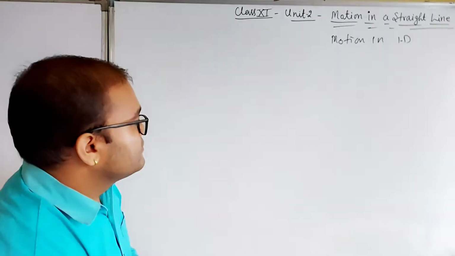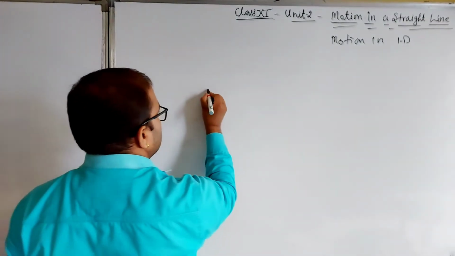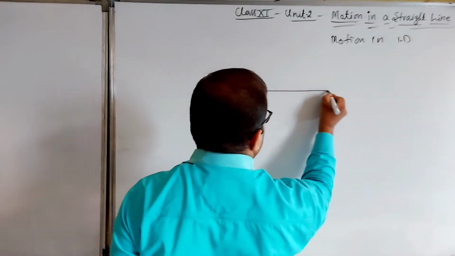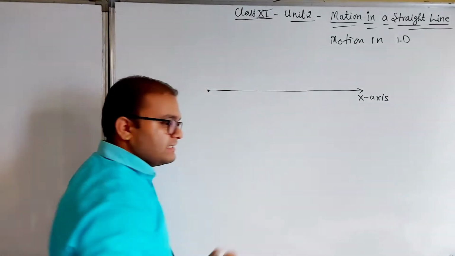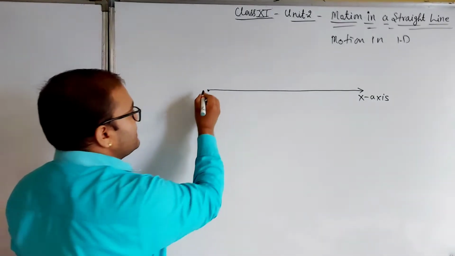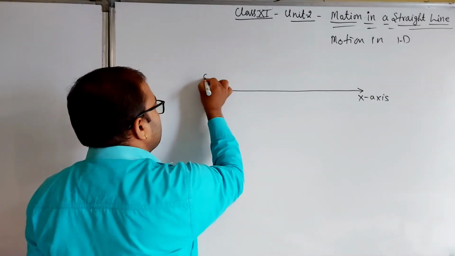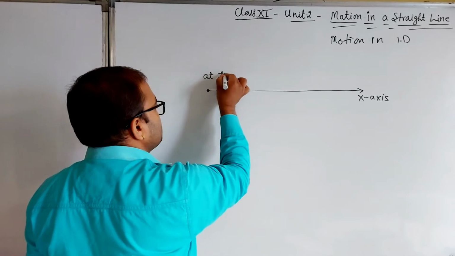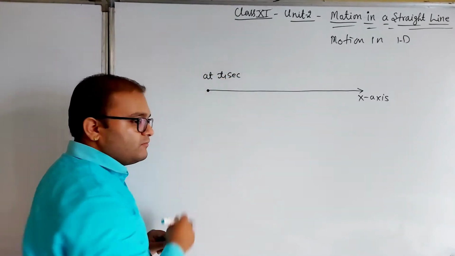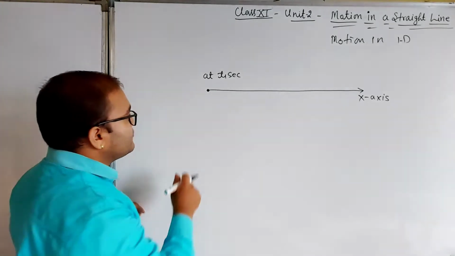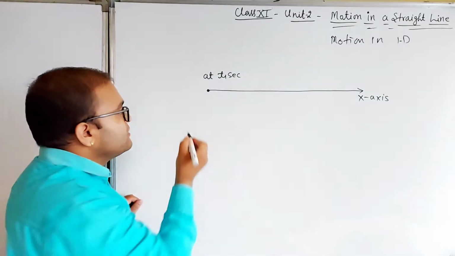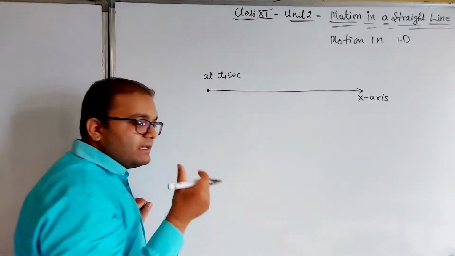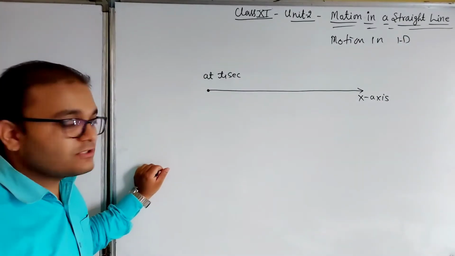Okay, so suppose an object is moving along a straight line path along x-axis. Initially, suppose at t1 second, what is the position of the object? Suppose the position of the object is x1. So at t1 second, how can we represent the position of the object?